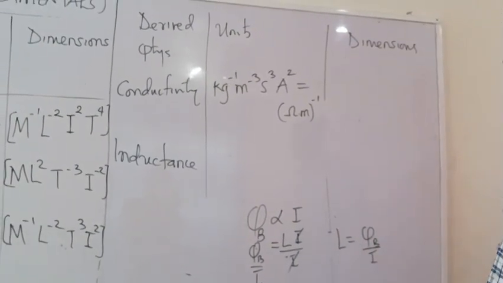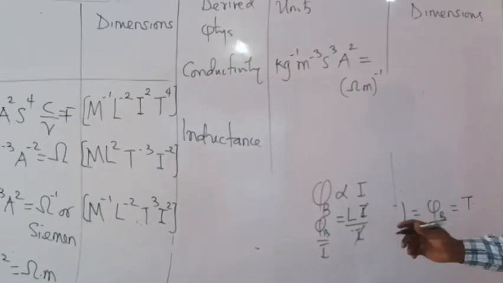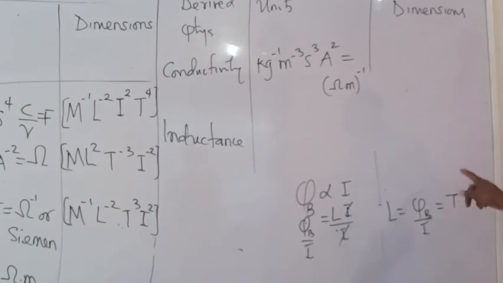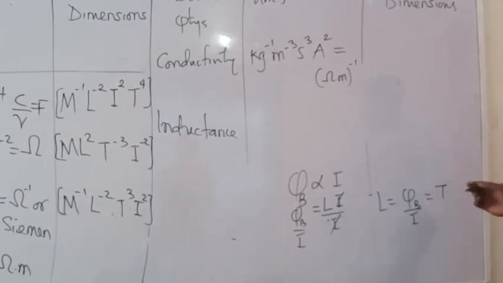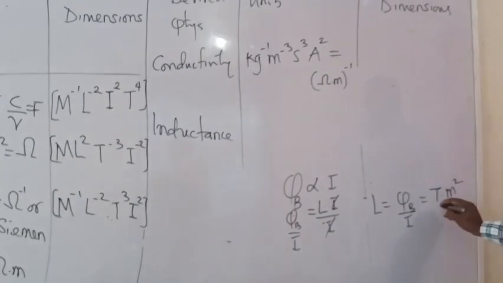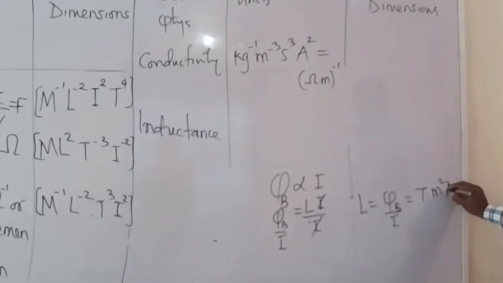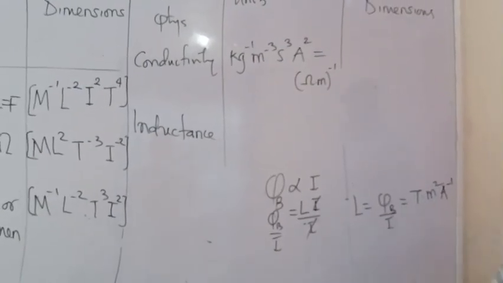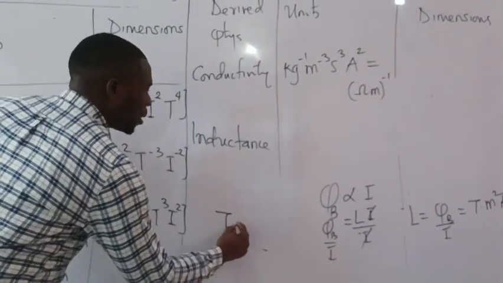And of course, flux itself is simply the amount of magnetic field that penetrates a surface. So that is Tesla, then the area it penetrates is in square meter, then divide by the current. Current would be in ampere, per ampere, since it's downstairs. So Tesla itself, I may need to rewrite this.